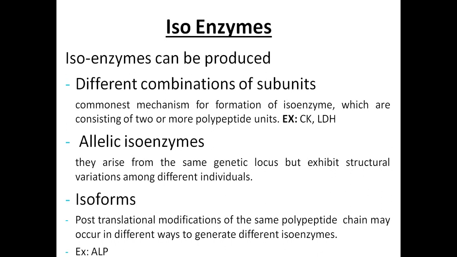Then isoforms: post-translational modifications of the same polypeptide chain may occur in different ways to generate different isoenzymes. For example, ALP, alkaline phosphatase.